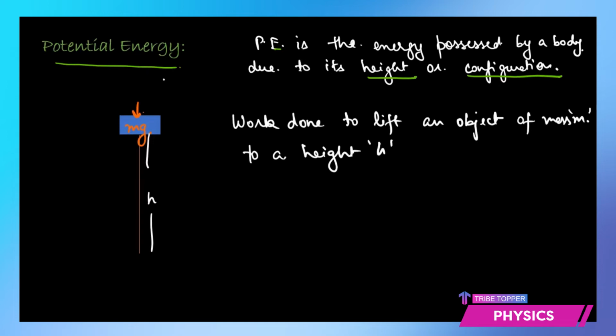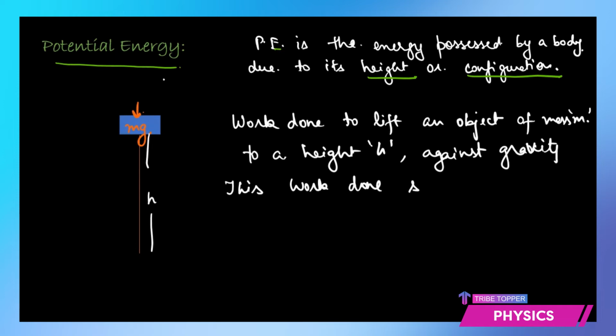You must know that whatever work we have done to lift an object of mass m to a height h has been done against gravity, because gravity is pulling it down and you are lifting it up. So this work done gets stored as the gravitational potential energy, GPE, of the body.